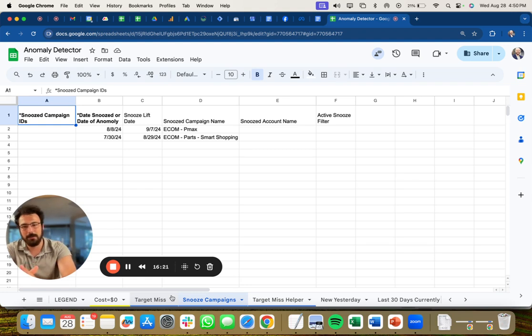For example, with our naming structures, we can utilize that naming structure in these detectors to say, okay, I don't want to include any of our campaigns that are tests, so we'll exclude the tests. I only want to look at our e-commerce campaigns, which are all labeled with e-com. We can do similar stuff that would be specific to us, and that's part of the flexibility that I like out of this. But again, it can be as general as you need it as well.